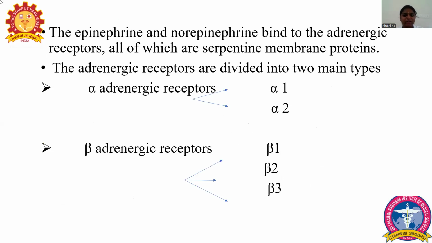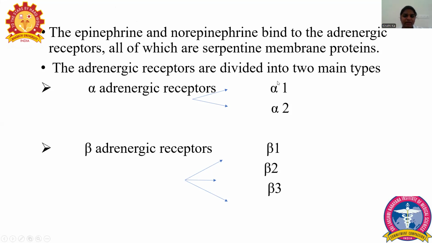These catecholamines are mainly stored in dense core granules in the presynaptic terminals and released by exocytosis when they bind to their respective receptors in the postsynaptic membrane. The epinephrine and norepinephrine bind to adrenergic receptors, which are serpentine membrane proteins.